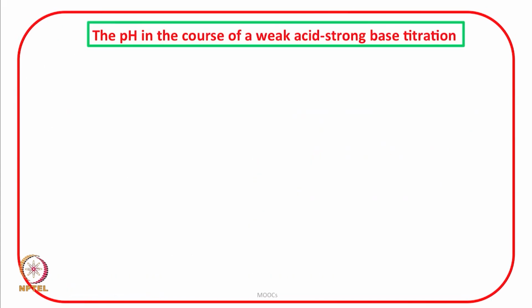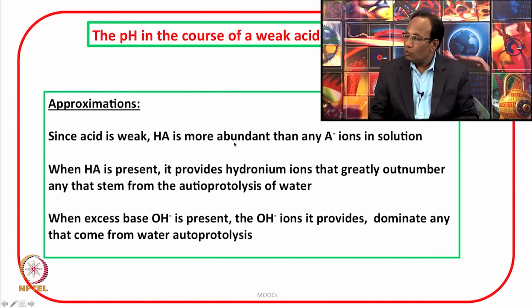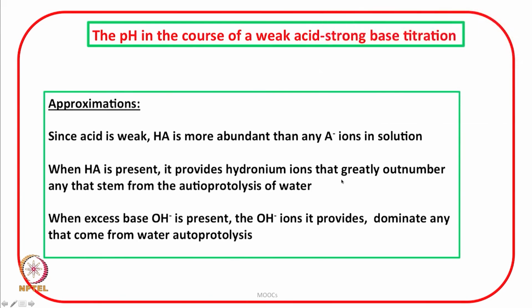And what are those approximations? Since the acid is weak, HA is more abundant than A minus ions in solution. A weak acid is very weakly dissociated, therefore the amount of A minus ions will be very small compared to HA. And when HA is present, it provides hydronium ions that greatly outnumber any that stem from autoproteolysis of water.